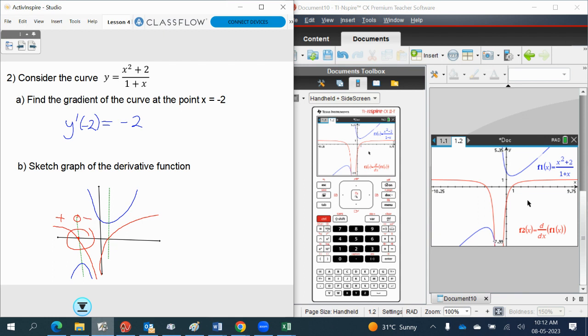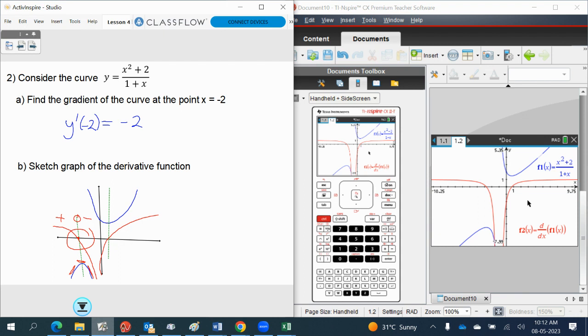So the derivative goes positive, 0, negative. The line going up would be a positive gradient, a line going across a 0 gradient, and a line going down a negative gradient.